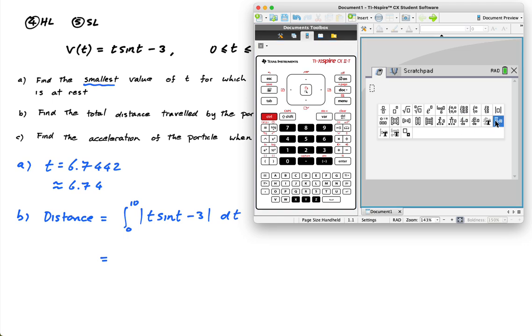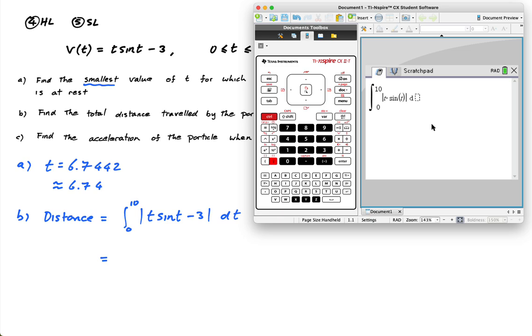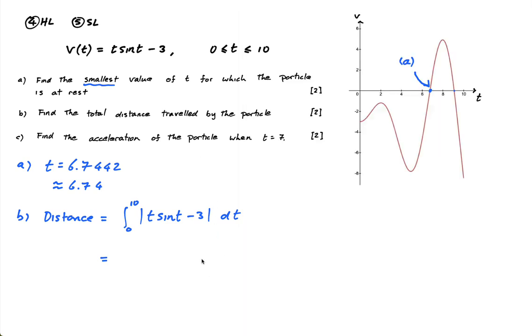So the integral is this, from 0 to 10. The mod is this, and we're in radians. We want to be in radians. I can use t here, guys, if you want. t times sine of t minus 3 dt. Press enter. 37.0969, which is approximately equal to 37.1.